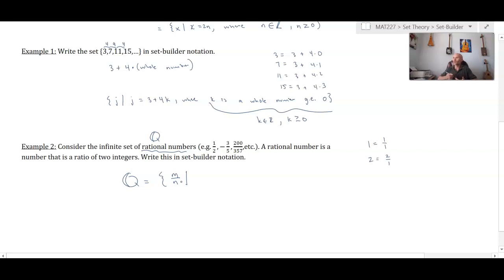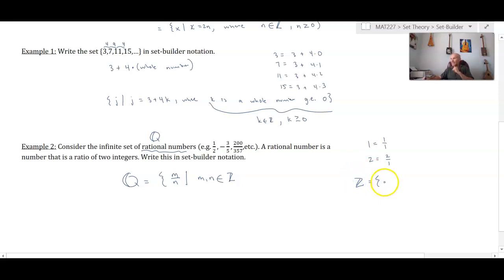okay, so what do I need to describe here? Well, I need to describe what m and n are. Well, m and n could be any integers, so I'll just say m, n belong to the set of integers. Now, it doesn't have to be just positive or just negative. It could be positive, negative, or 0. But wait, maybe I'll give a more explicit description of the integers here.